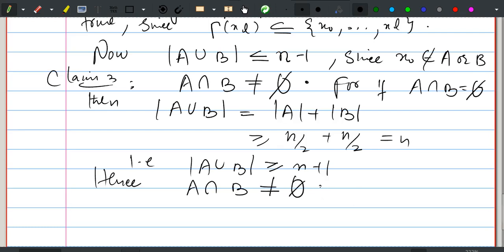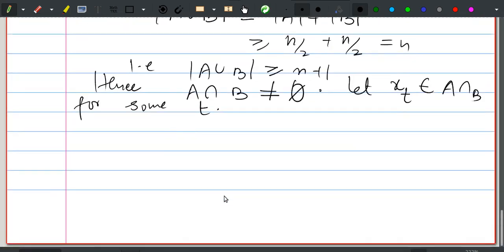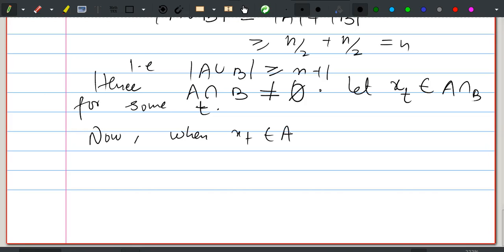And let us suppose xt belongs to A intersection B for some t. Now xt is in A as well as in B. When xt belongs to A, what does it imply?